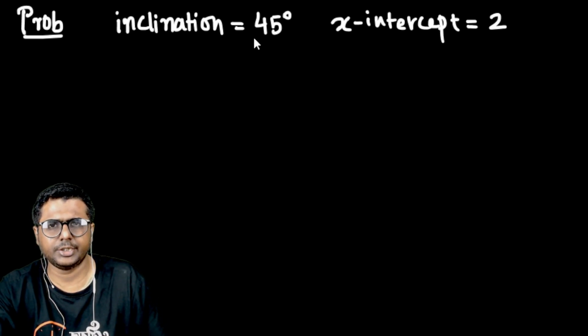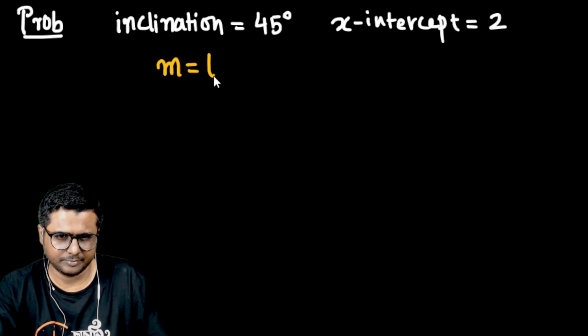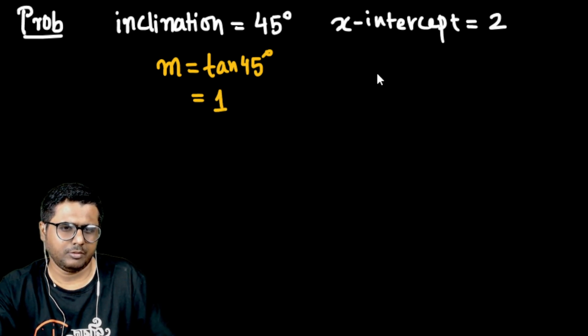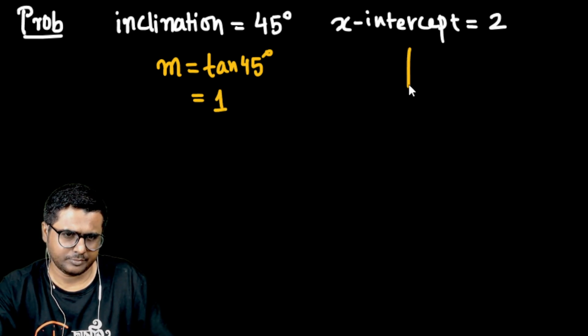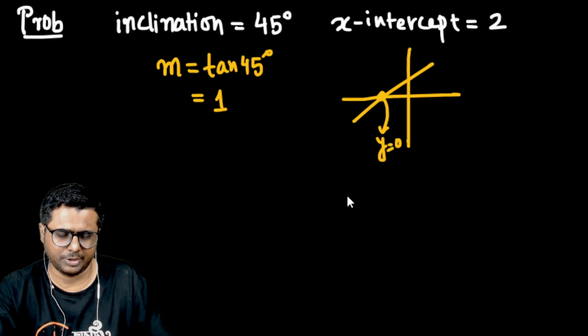First of all, the inclination is 45 degrees. So m is equal to tan theta, that is tan 45 degrees is equal to 1. Now what is the x intercept? The x intercept is where the line cuts the x axis. So at this point definitely y is equal to 0. We know that y is equal to 0 at this point.